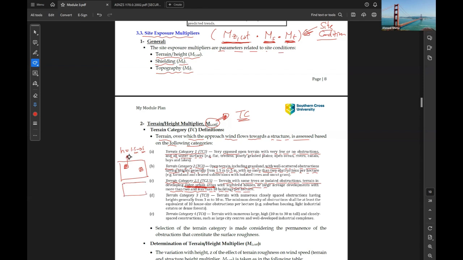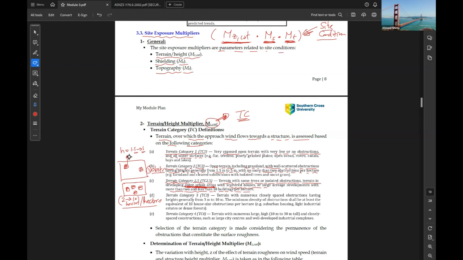So TC 2.5 will be between 2 and 10 houses or obstructions per hectare, where 2 is only 2 obstructions.